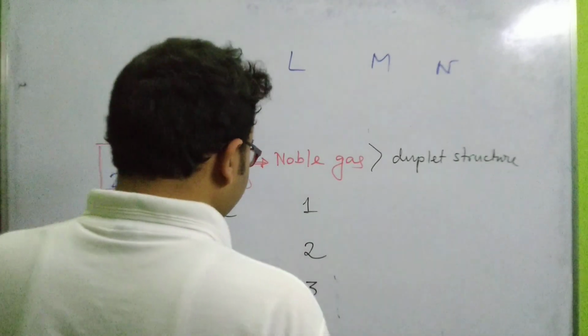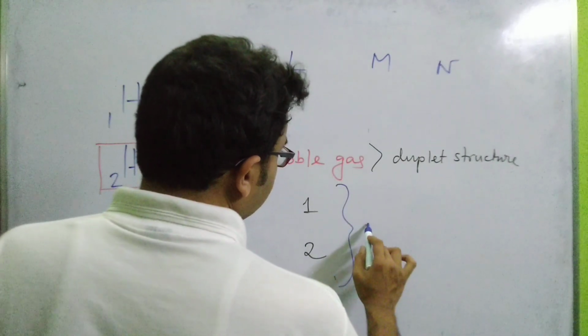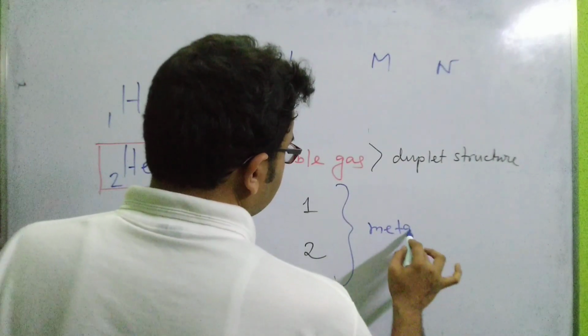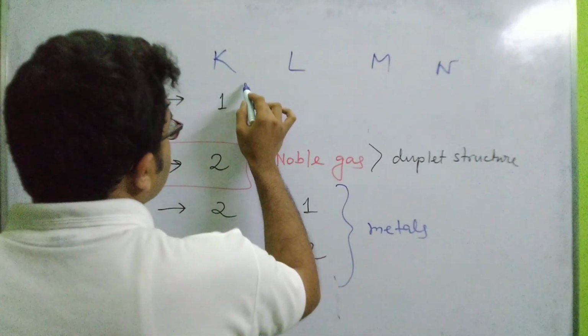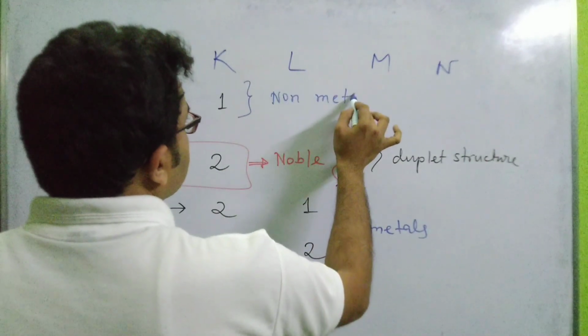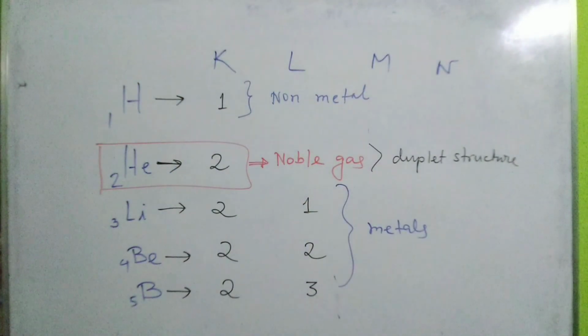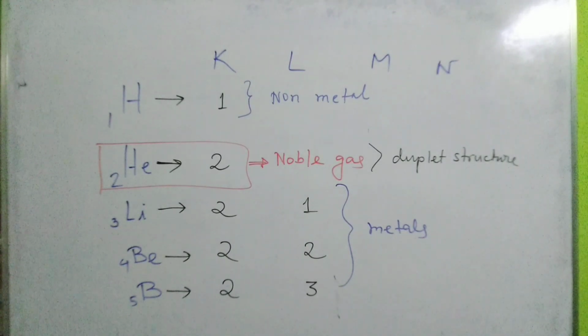So these elements are metals, and hydrogen is a non-metal. So from this configuration you can see one thing in common: metals have either 1, 2 or 3 electrons in their last shell, whereas the noble gas has just 2 electrons in the last shell, and the non-metal has only 1 electron in the last shell.